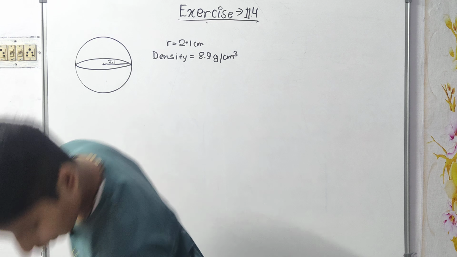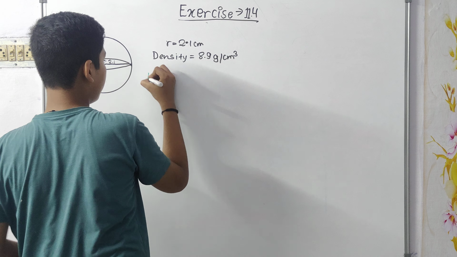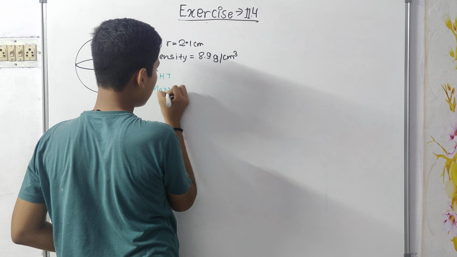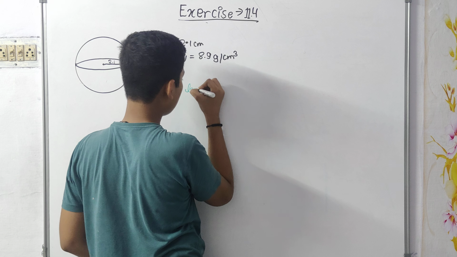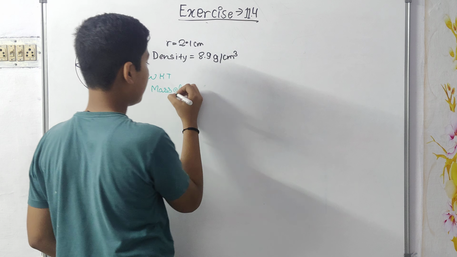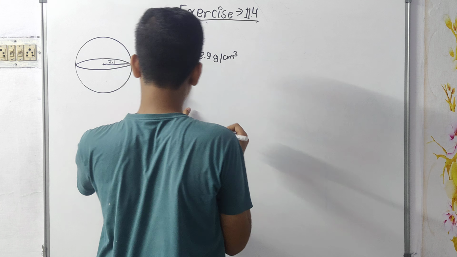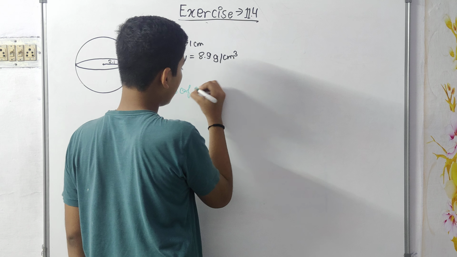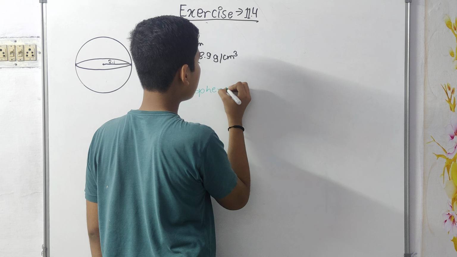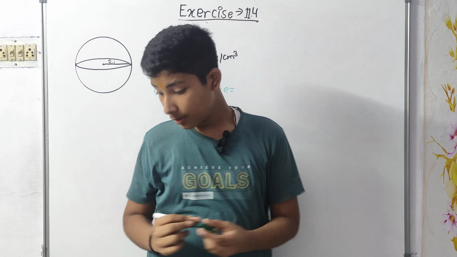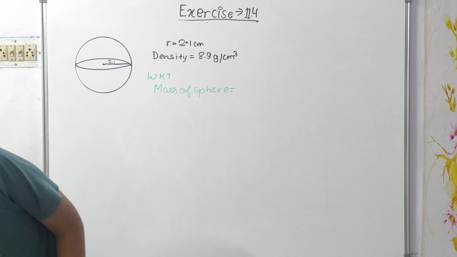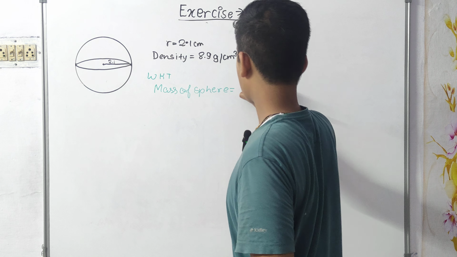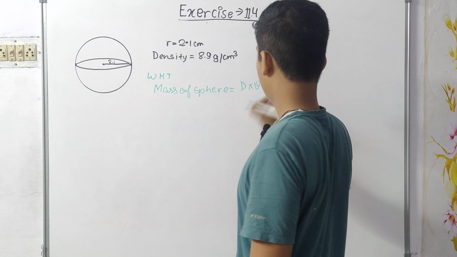Okay. Now, we know that mass of sphere is equal to density into volume.